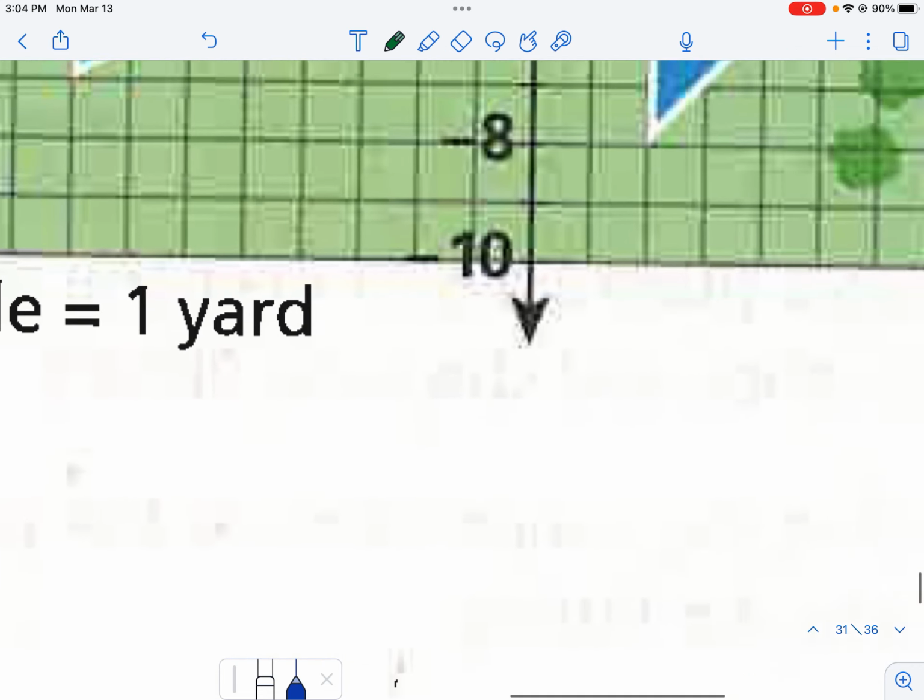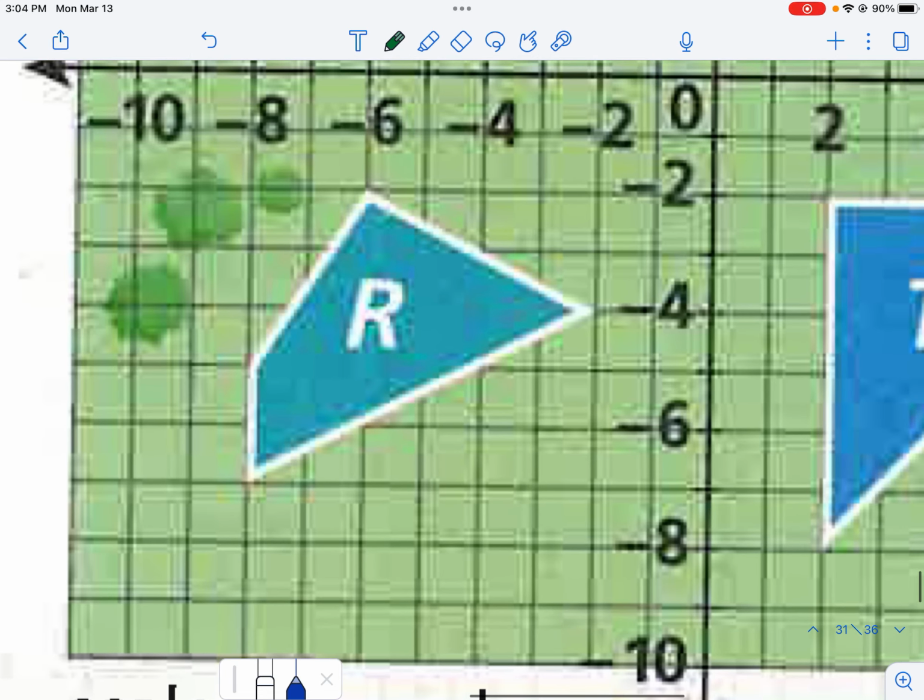Okay, then we're going to come down here. Right triangle. Okay, that'll make a right triangle. This will make a right triangle.